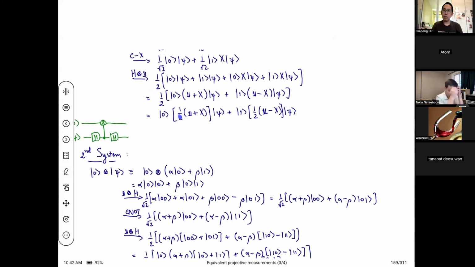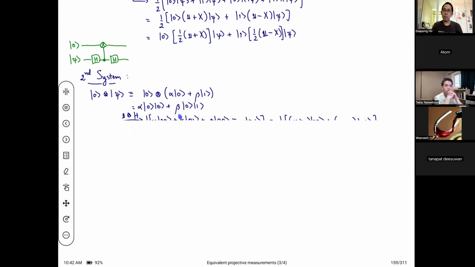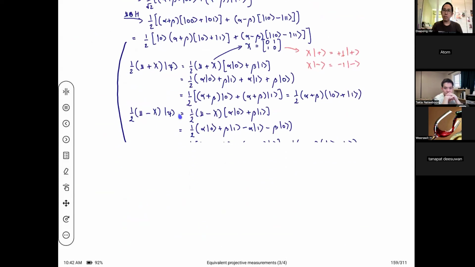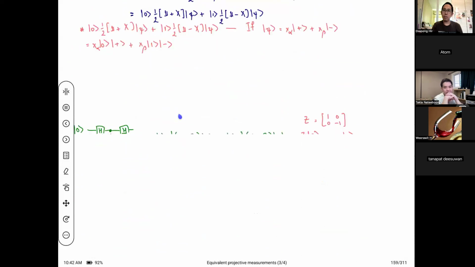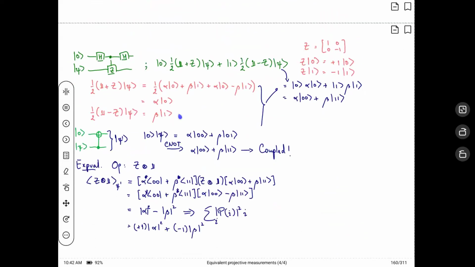You can go and verify that these two circuits, with the control X and the CNOT, are equal. It is a bit long, but you can also verify that the control Z circuits are equal. Going back to the notes.